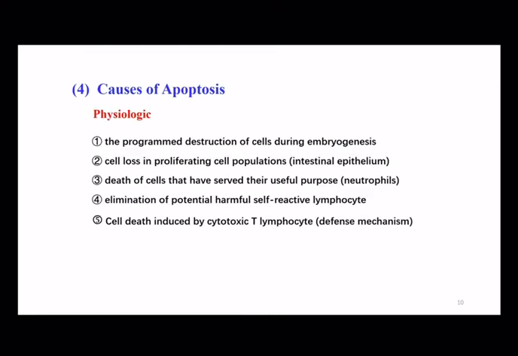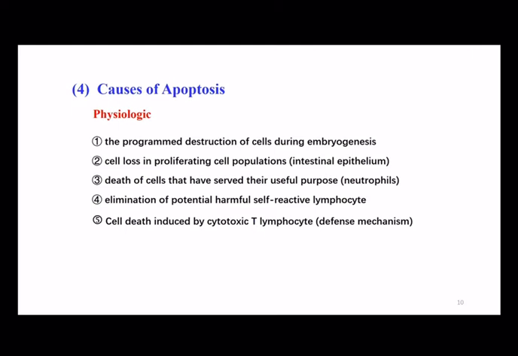Apoptosis occurs in many situations. First, the physiologic causes are the programmed destruction of cells during embryogenesis. Secondly, cell loss in proliferating cell populations. For example, apoptosis participates in renewal of the intestinal epithelium.